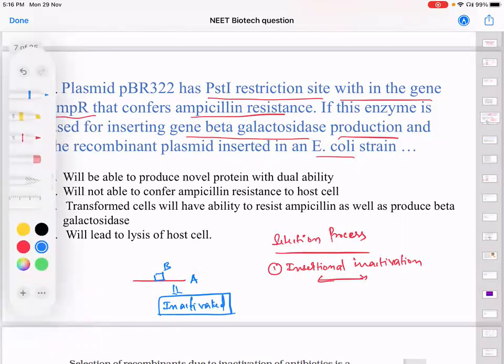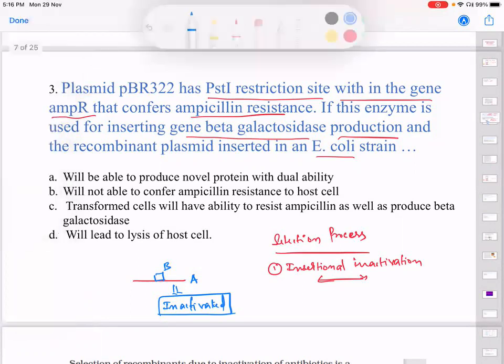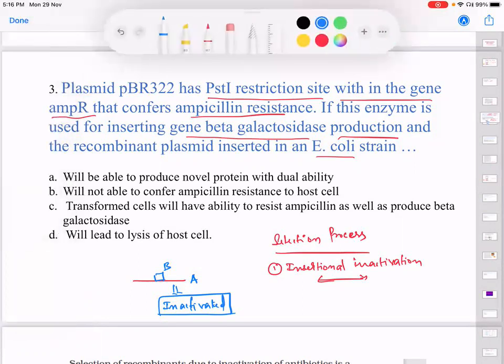This is what is called as insertional inactivation. So I'll make it very simple. I'm not getting into the details. I said it's a very big topic to be discussed. So in simple words, there is a gene which is active. What do we mean by the term gene active? It means that the gene will be able to express its information into the protein.